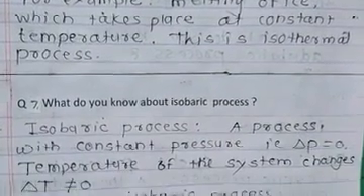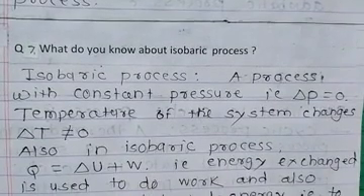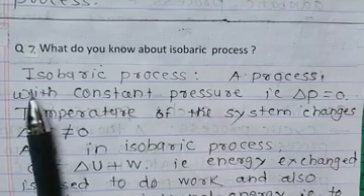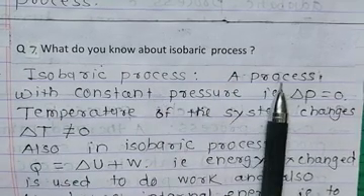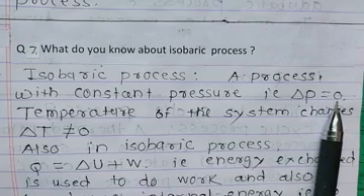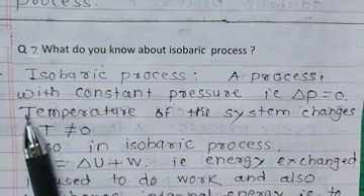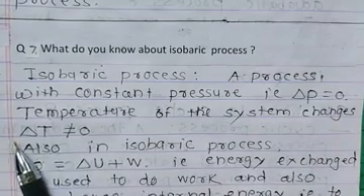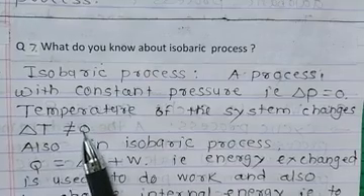Next question, Question number 7. What do you know about isobaric process? Isobaric process. A process with constant pressure, that is delta P is equal to 0. Temperature of the system changes, that is delta T not equal to 0.